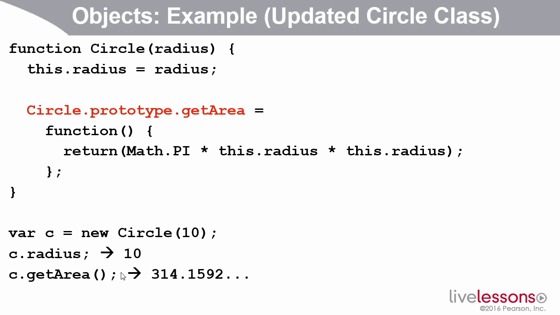That's kind of for shared data. But for methods, the behavior is exactly the same. The difference is efficiency. You're not wasting as much memory because each time you make a new circle, JavaScript is allocating space for a new radius field, but it's not allocating new space for a getArea method, a field whose value is a function, that's stored in the base class, the circle class.